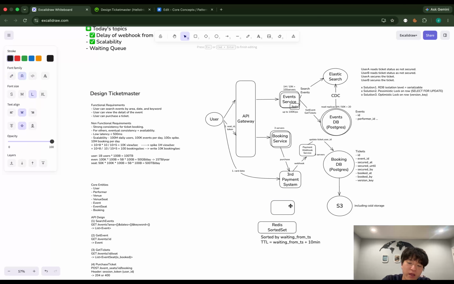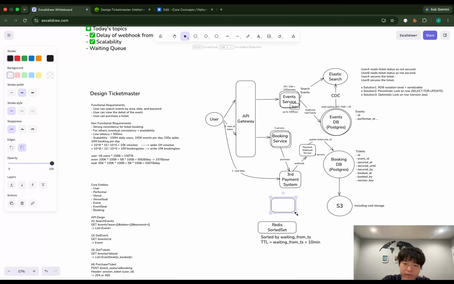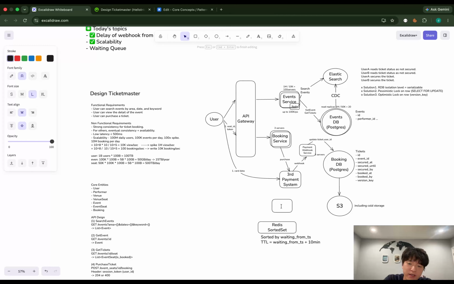I would create a new server here because this is exactly the server where so many requests come and it has to handle. Booking entry service.